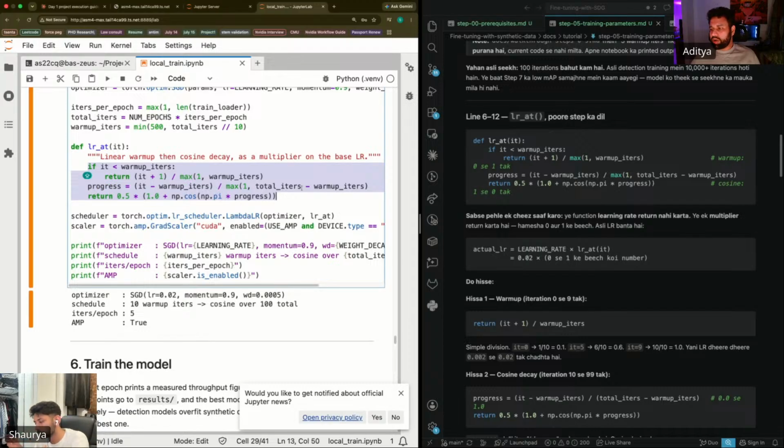LR underscore at. What is LR underscore at? Learning rate. And where is that? The function that we have, LR underscore at, this is the function that is going to do it. So what is LR at doing? Linear warm up, then cosine decay as a multiplier on the base LR.